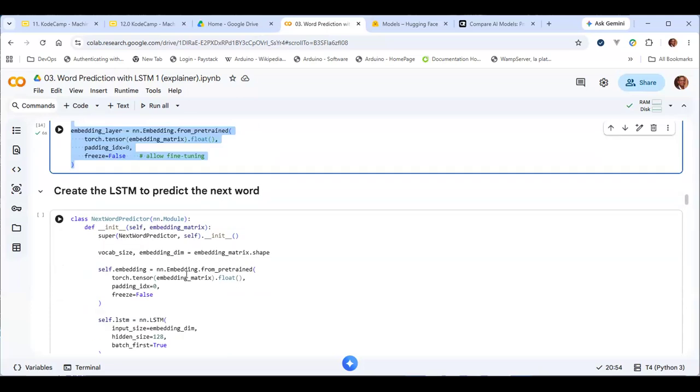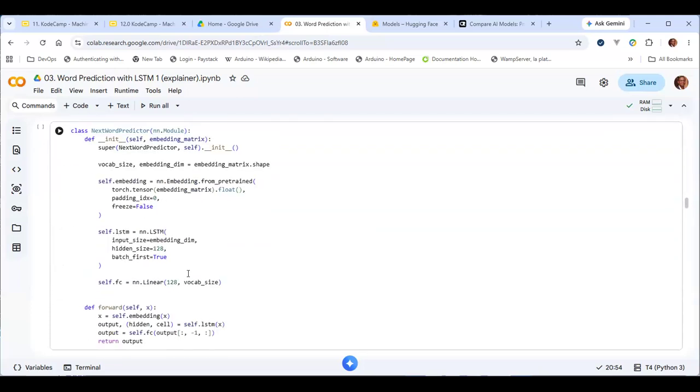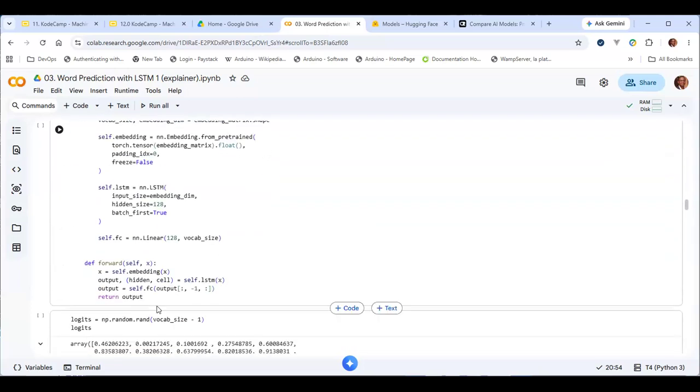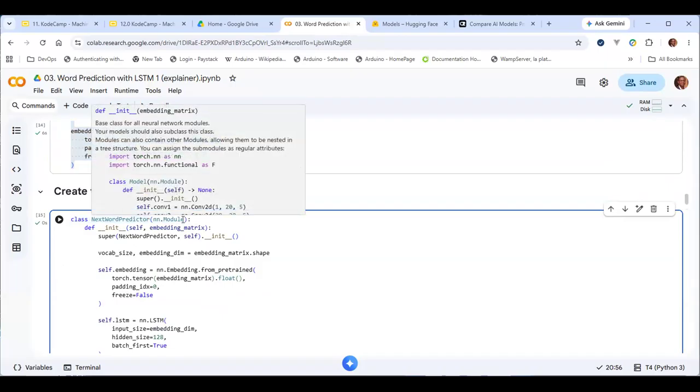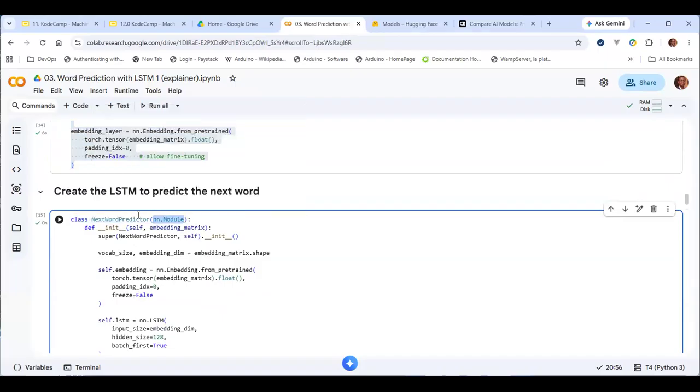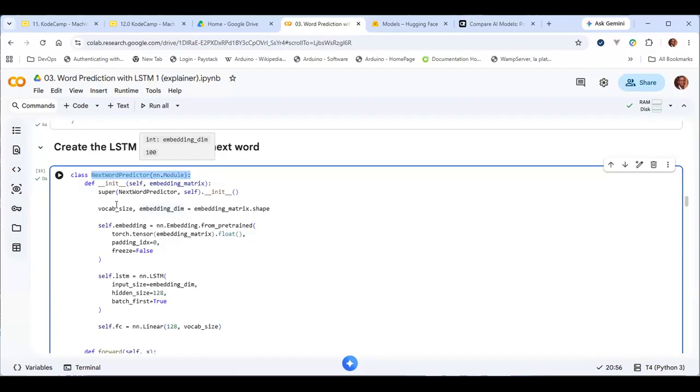So after doing that embedding layer, you can now add other things. So this is the complete model where you can see everything comes together. So this model is called a next word predictor, just like what we were doing with CNN and so on. We use the nn.Module as the superclass to create this network predictor. In the init function, let's look at the several things that are happening here.